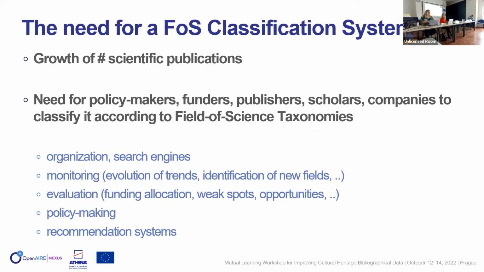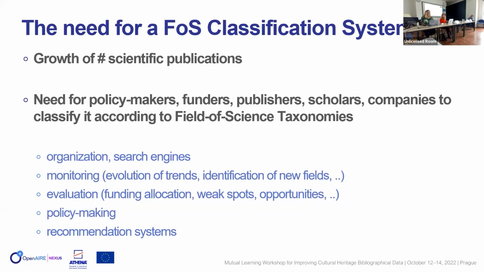The number of scientific publications is growing like crazy. I think some paper, unfortunately I don't have the citation in my mind, showed that every 17 years the whole corpus of scientific publications doubles completely.